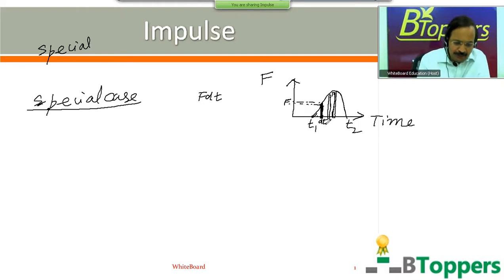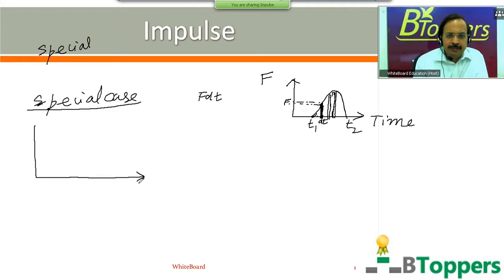Now I will come to the special case which I was about to discuss. There are some questions you find in many books and previous exam papers where it may be given that the force varies linearly with time.